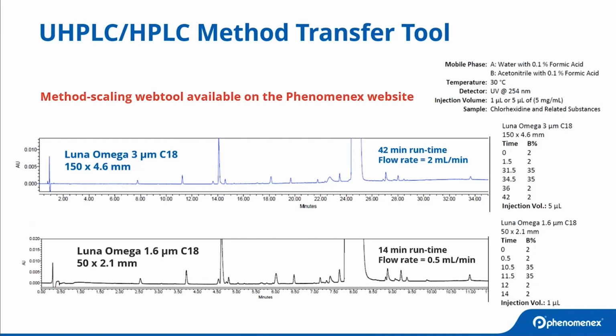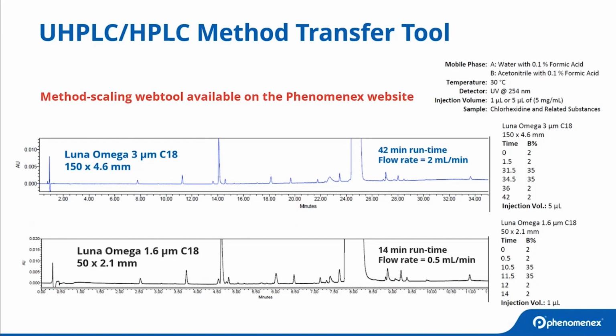The web tool is actually fantastic when applied towards one of the examples that we used today, specifically when comparing these two methods that I have displayed. When we migrated from that Luna Omega 3 micron C18 down to the Luna Omega 1.6 micron C18, here are the actual experimental conditions that we used for both of these chromatograms.